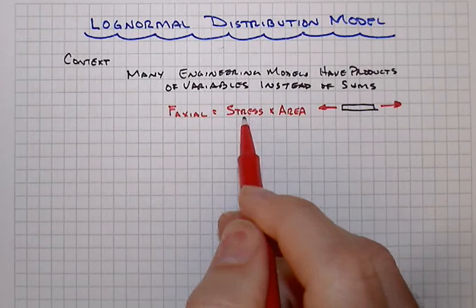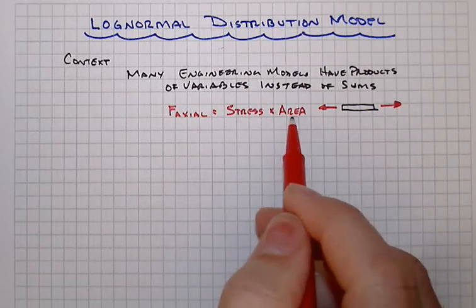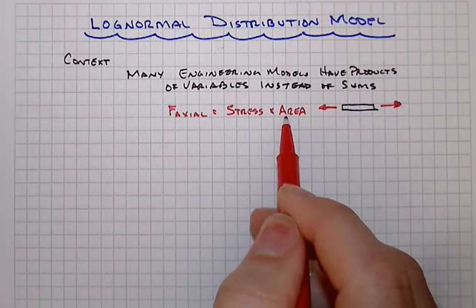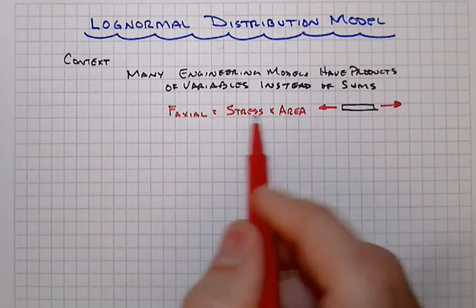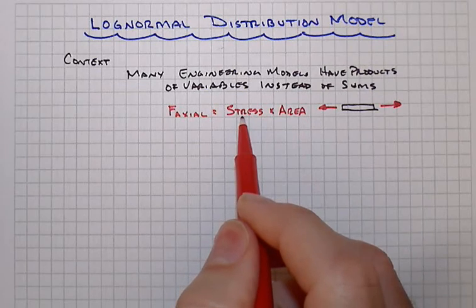And there we have a product of two random variables: the area along the length of the bar is potentially random, as well as, if you produce a certain bar from bar to bar, that effective cross-sectional area will change. And the stress in terms of its strength, whether that's the yield strength or ultimate strength, proportional limit, whatever you're using as your criteria, is going to be a random variable also.